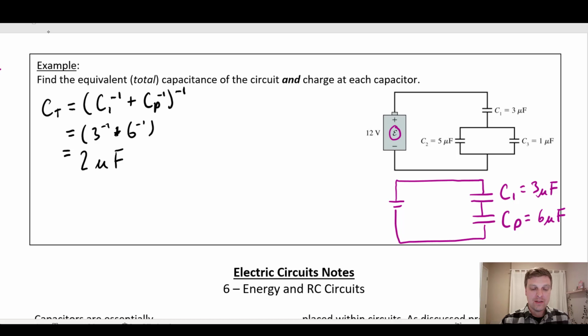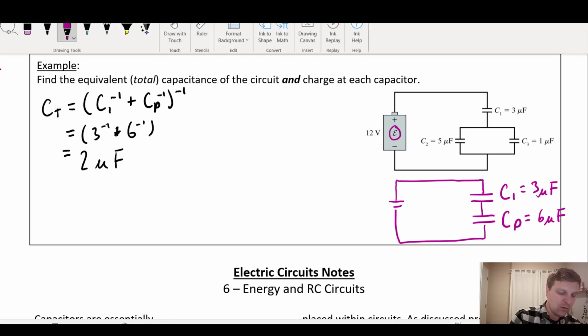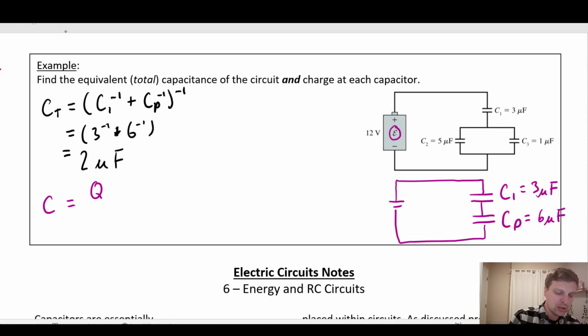Great. But now I need to find the charge at each capacitor. The first thing I could do is find just the total charge. We know that capacitance equals charge divided by voltage. And just like with Ohm's law, I can use this for the whole circuit, or for just one part of the circuit. So the total charge that flows from the battery is going to equal C total times V total, which is a capacitance of 2 microfarads.